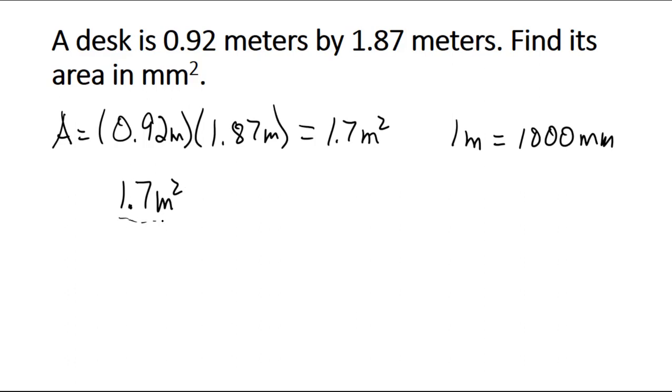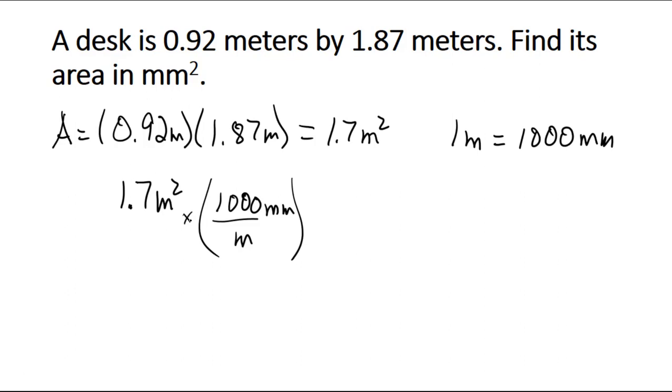I could imagine here that I've got a 1 on the bottom there. I don't need to have that, but I could imagine that it's there, and then in my conversion factor I would want to have the meters on the bottom of a fraction. I'll multiply this by 1,000 millimeters. So there's my conversion factor, my funny looking 1.